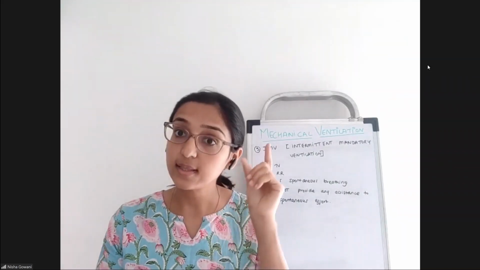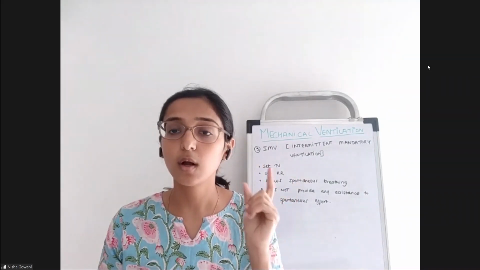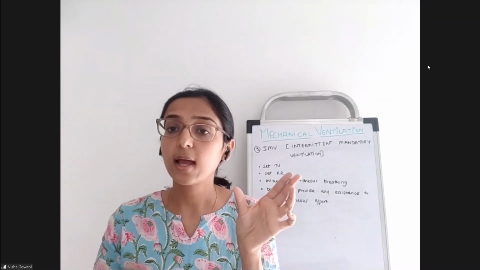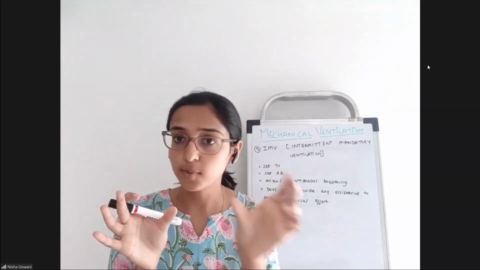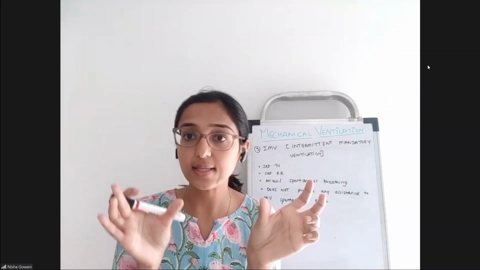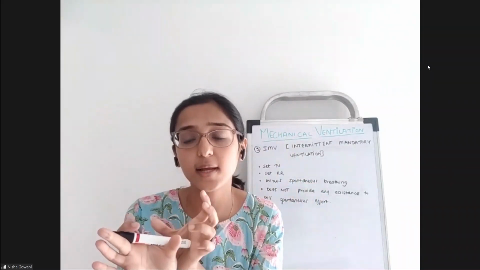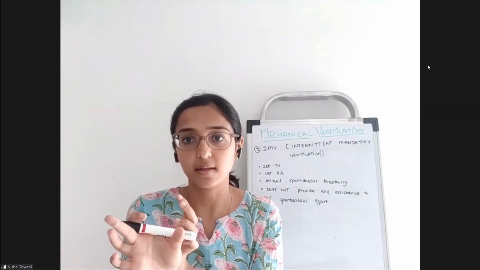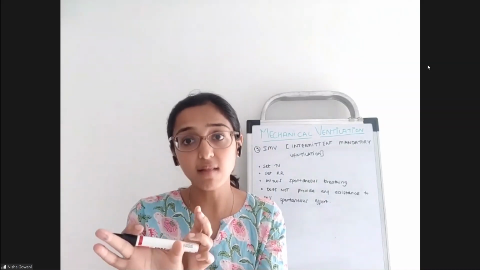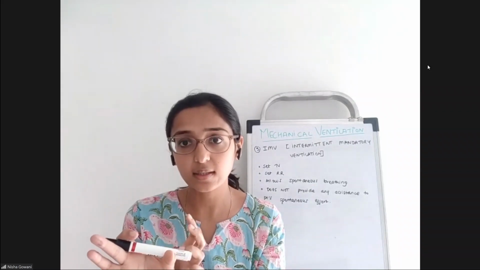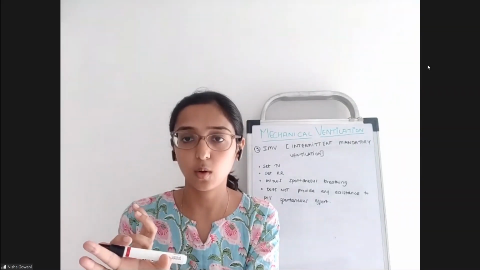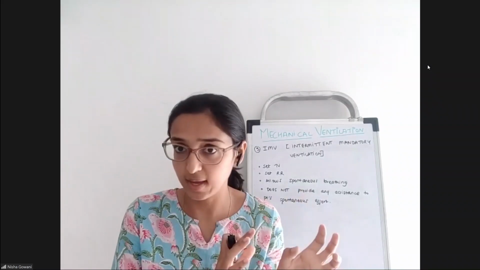No, in that AC mode, if set breaths are 10 and the patient is taking 12, the machine will not provide its own 10 breaths. Instead, it will overlap its 10 breaths along with the patient's 12 breaths. All right. So out of those 12, 10 will be fully supported by the ventilator, whereas 2 wouldn't be. So it's not like a summation will happen over there.